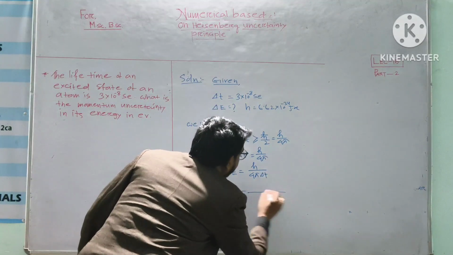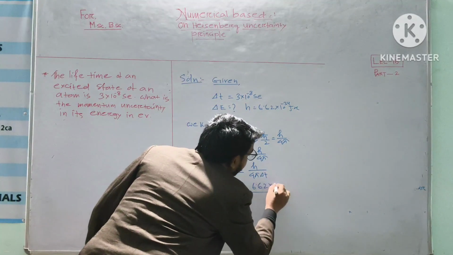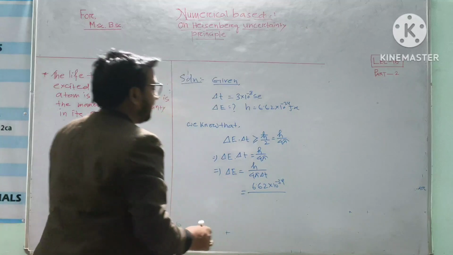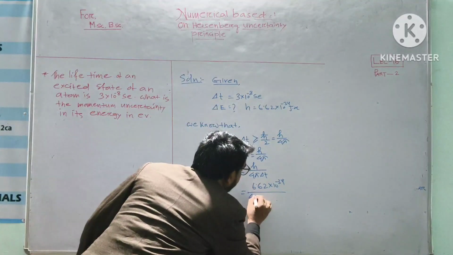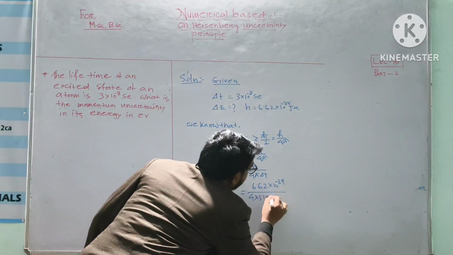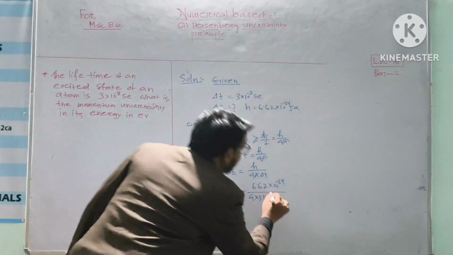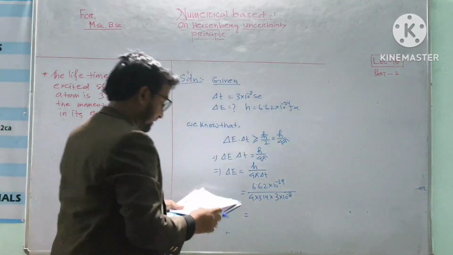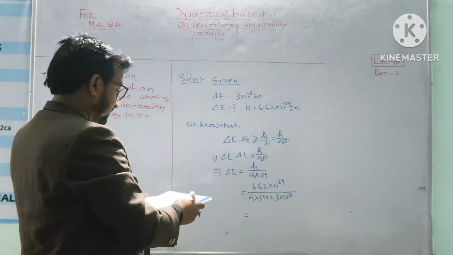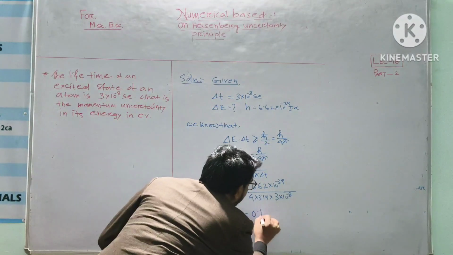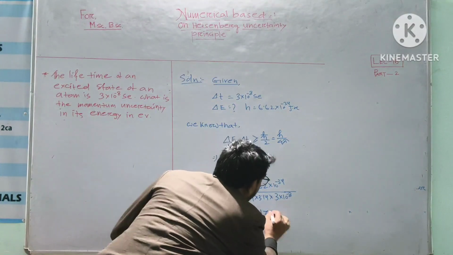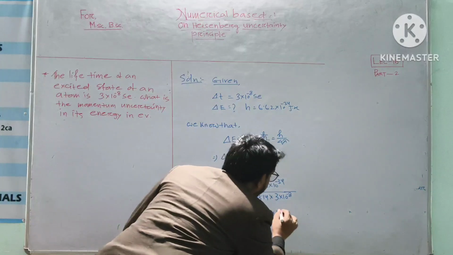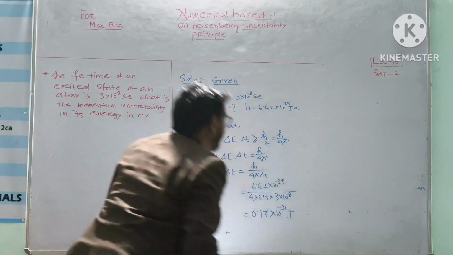The value of h equals 6.62 into 10 to the power minus 34, 4 times pi where pi equals 3.14, and delta t equals 3 into 10 to the power minus 8. After solving this part, we will get 0.17 into 10 to the power minus 31 joule.